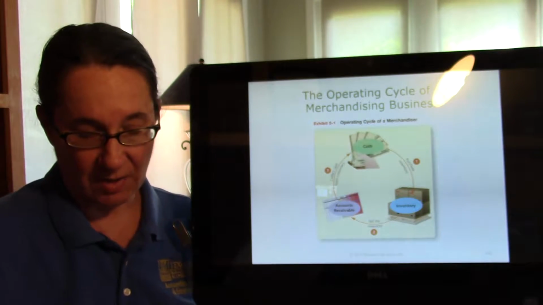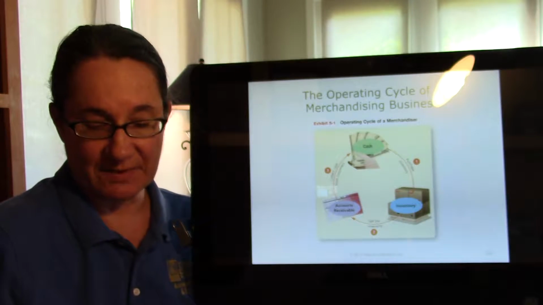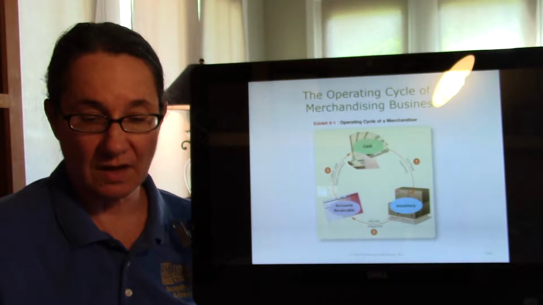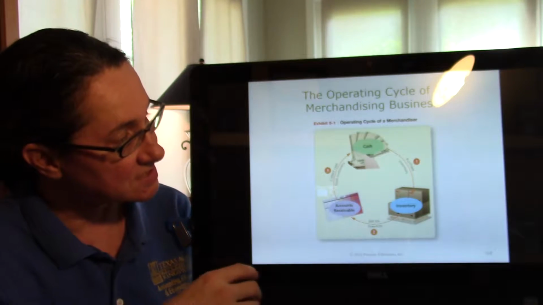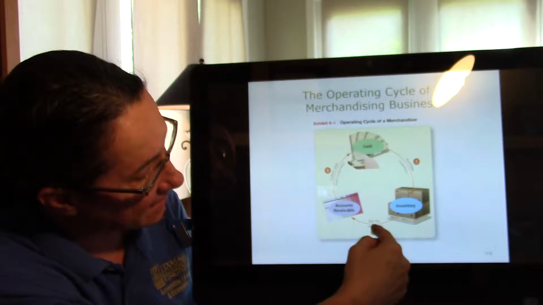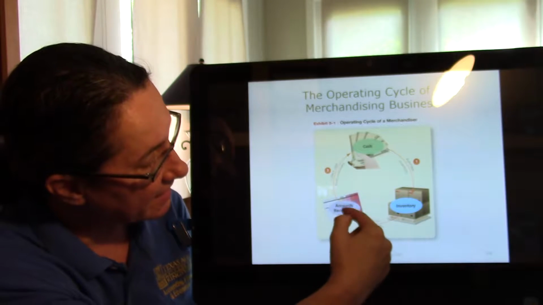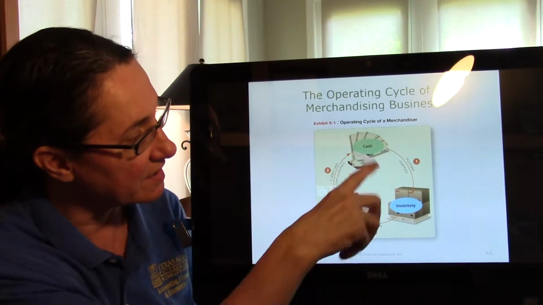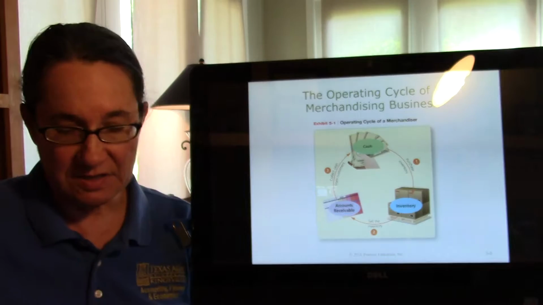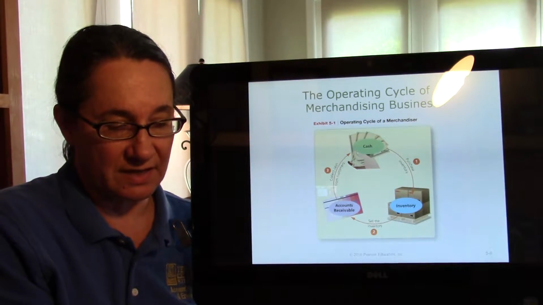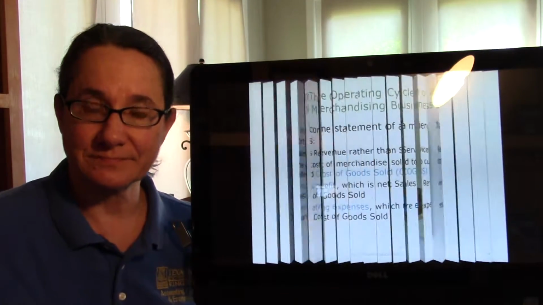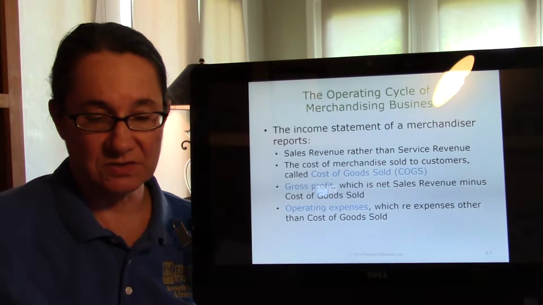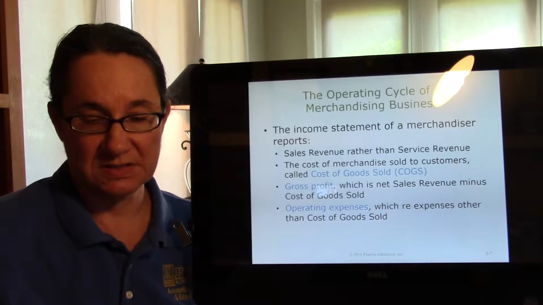So in your book, on page 247, it's Exhibit 5-1, and it shows this cycle. A merchandiser purchases inventory, they sell it to the customer, and they get an accounts receivable if they don't immediately sell it for cash, and then the cash gets paid. And then they buy some more inventory, they sell it. So purchase, sale, collect cash. A merchandiser purchases inventory and sells the inventory to customers in exchange for cash.